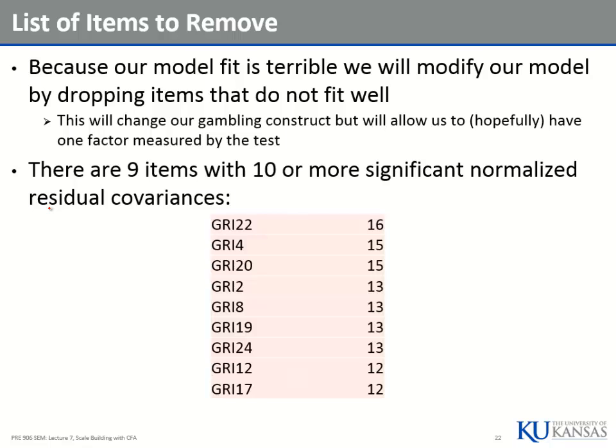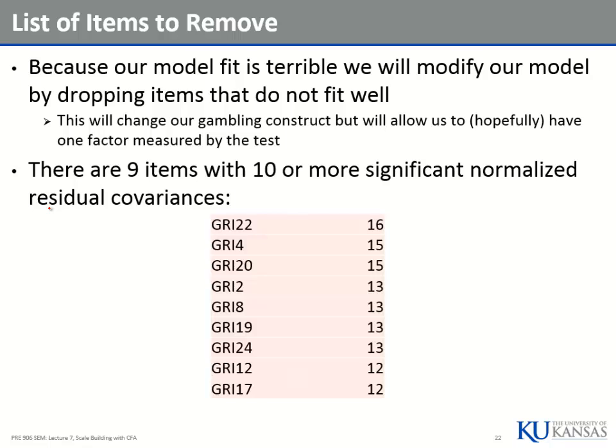Okay? But what I did, I took that big triangular matrix of all 24 items, and I counted up the number of times an item had significant normalized residual covariances. So I went down each column and I counted up the number of times I saw a value that was bigger than 2 or less than negative 2.